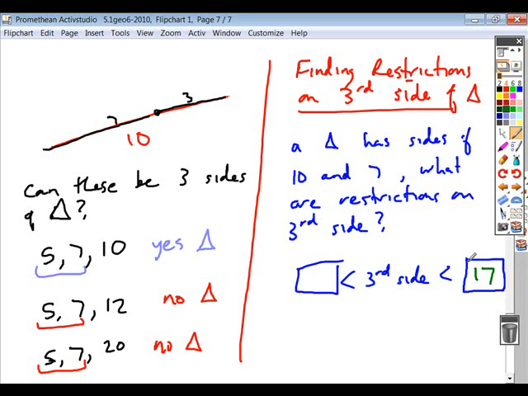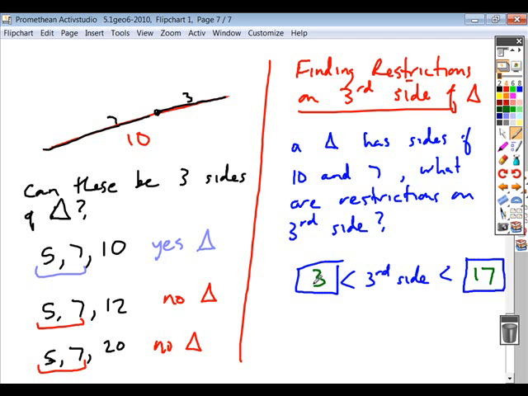And then the restriction on the other end is if this unknown is not the longest side, then which side would be the longest? 10. So the unknown plus 7 add together, and at the point where those two add together and give you 10, it stops being a triangle. The unknown has to be slightly more than that. So what number would give you that critical point? 3. And so here are the restrictions to your third side.